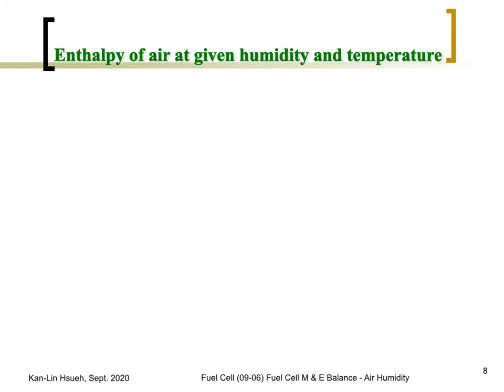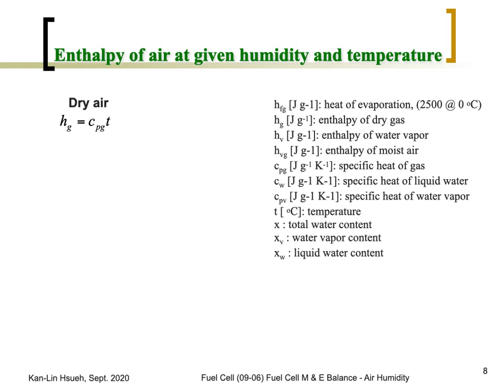Now next we look at the enthalpy of air at a given humidity and temperature. For the dry air, at a given temperature T, the enthalpy Hg is the specific heat of the air, Cpg, times the temperature. The reference temperature can be anything, but over here we give the temperature as 0; any reference temperature works since they will cancel each other.